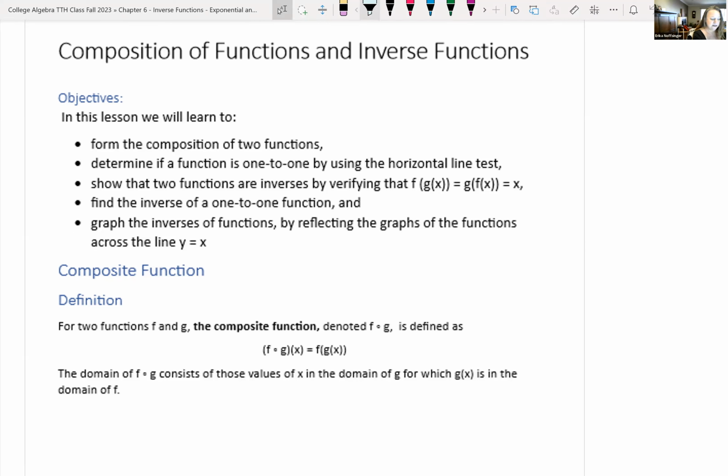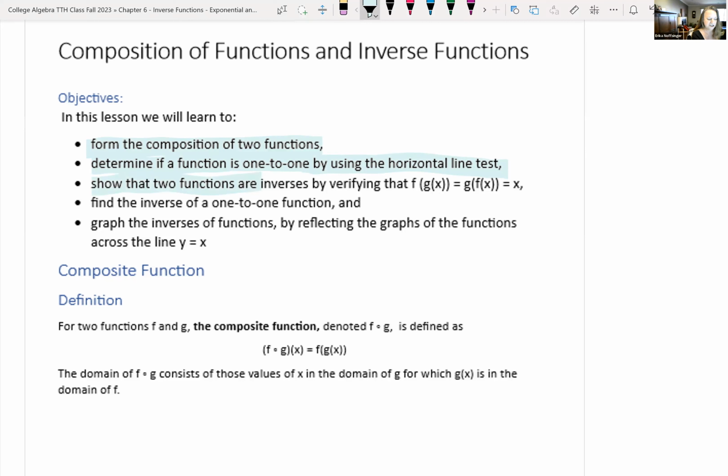But let's go over it a little bit and talk about the terminology and the notation. My objective is that after this lesson, you'll be able to form the composition of two functions. You'll be able to determine if a function is one-to-one by using the horizontal line test.